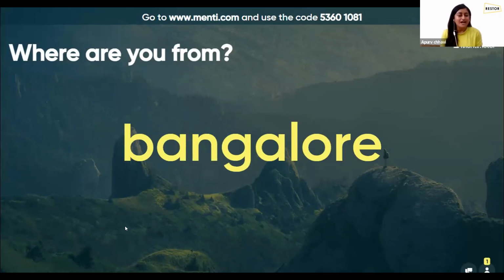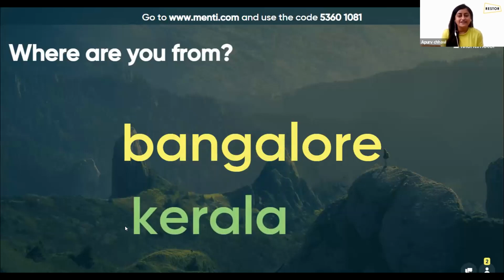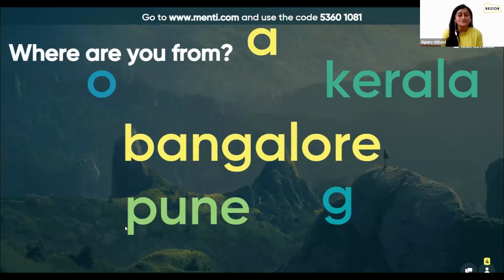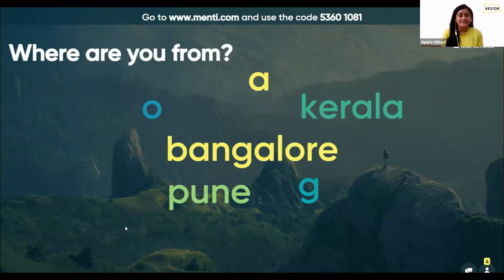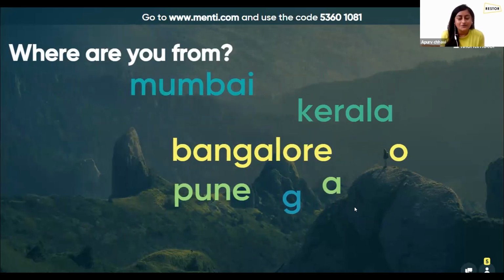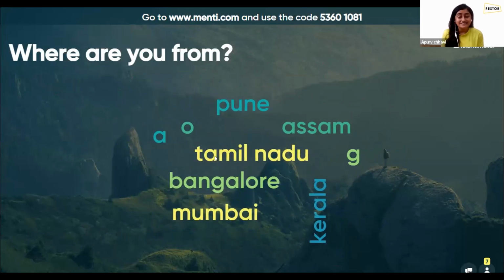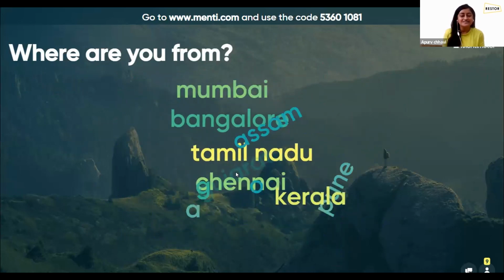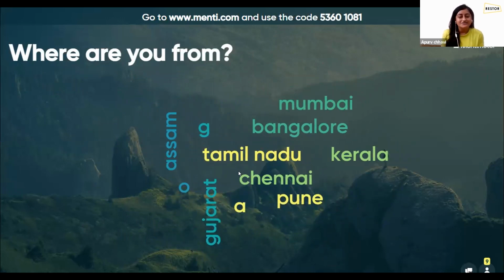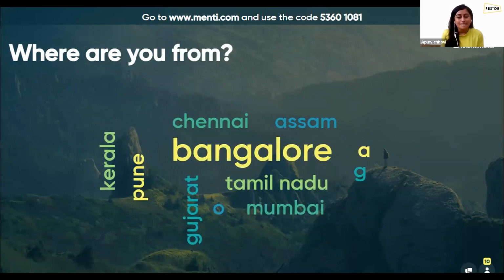Okay, so there's someone from Bangalore. Nice. It must be raining out there. Okay, Kerala, Pune. We have a diversity here. Any more? Okay, we have someone from Mumbai as well. Assam, okay, we have people from the Northeast also. Great, Chennai, Tamil Nadu, that's lovely.